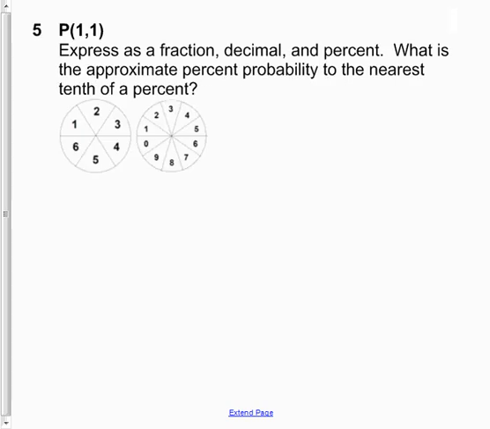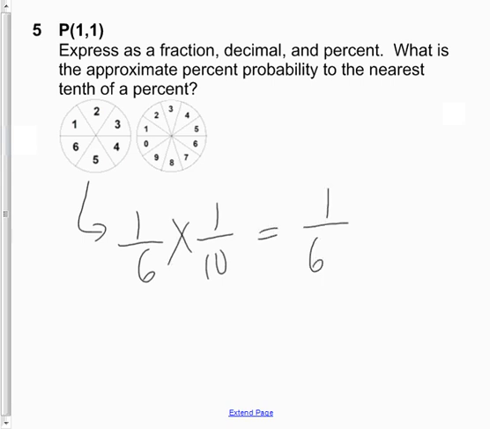Question 5. 43% got the same answer. Let's see what happened here. Express as a fraction, decimal, and a percent. What is the approximate percent probability to the nearest tenth of a percent? So event 1, the probability of spinning a 1 would be 1 chance out of 6. And for the second picture, it would be 1 chance out of 10. The combined probability will be the multiplication of those two, which means 1 chance out of 60.